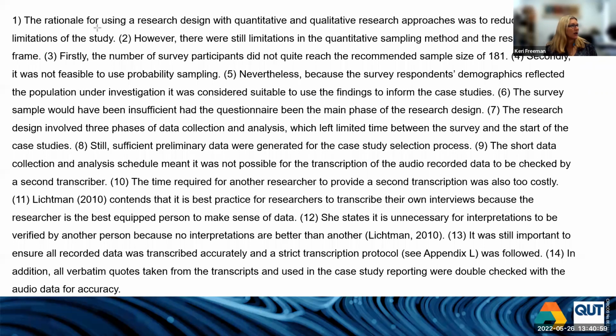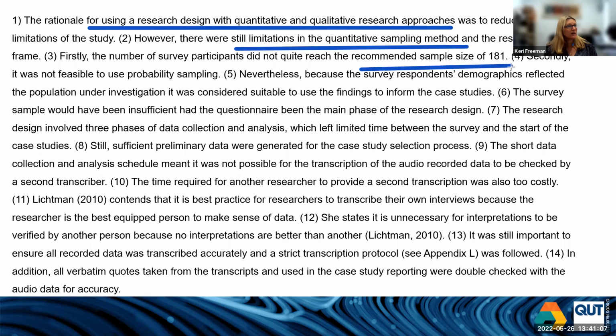Okay, the rationale for using quant and qualitative was to reduce limitations, but there are still limitations. So the sample size needed to be 181. That's a calculation for survey participants. It could be different by now, but it wasn't feasible to use probability sampling for that.